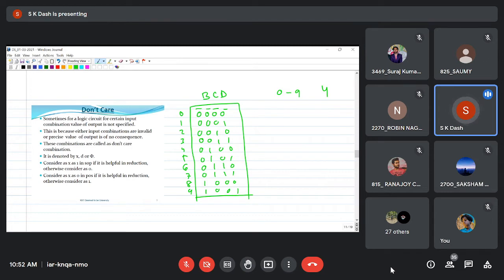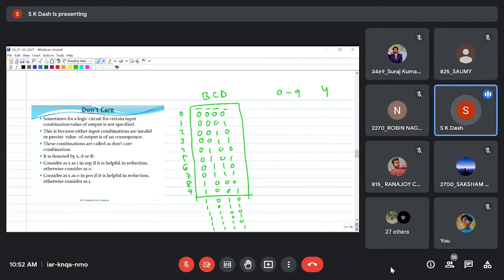Out of 16, how many are we using? We are using 10. So what happens to the remaining 6? We call them invalid. So 1010 is invalid, 1011 is invalid, 1100 is invalid, and so on. These 6 combinations are invalid.